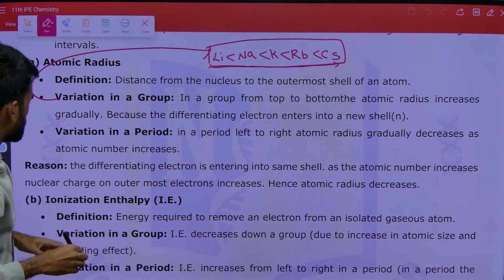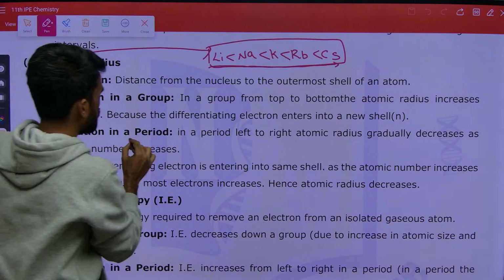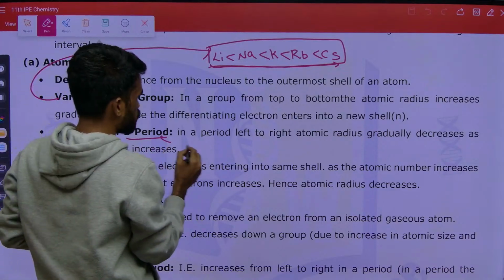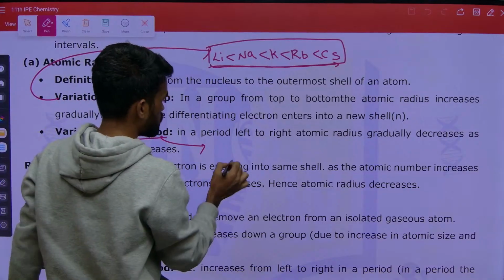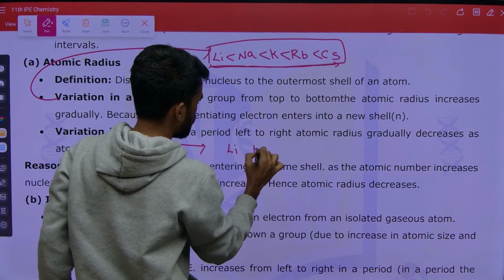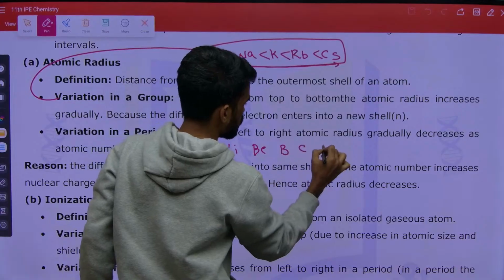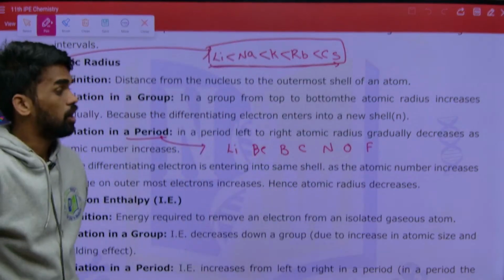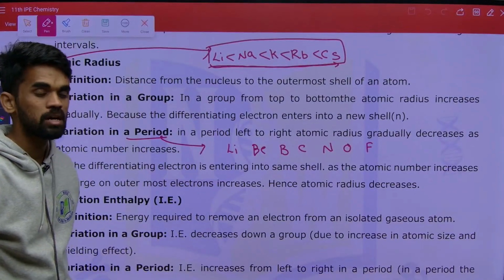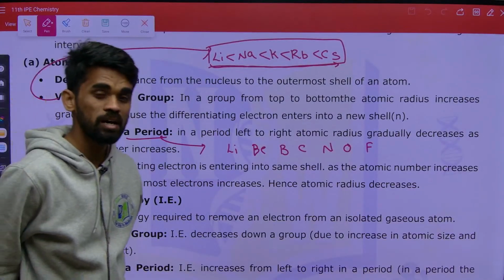And the next, when it comes to period, again take some 2p series elements because most of you are much more familiar with second period elements now. What are the second period elements? Lithium, beryllium, boron, carbon, nitrogen, oxygen, fluorine. I am not writing noble gases. Why am I not writing them? Because noble gases exceptionally have higher atomic radius.